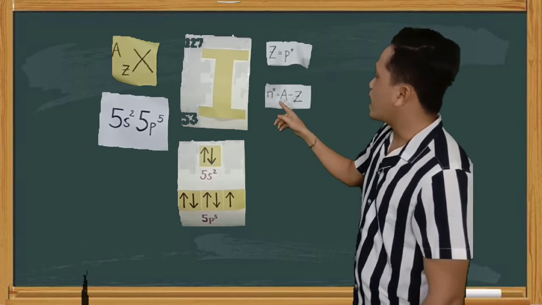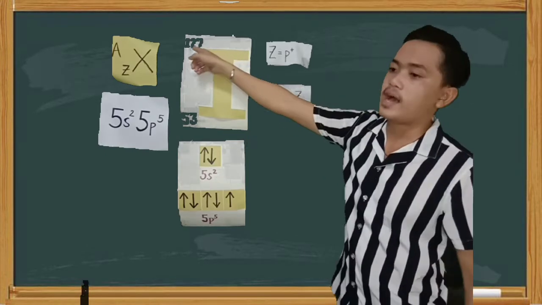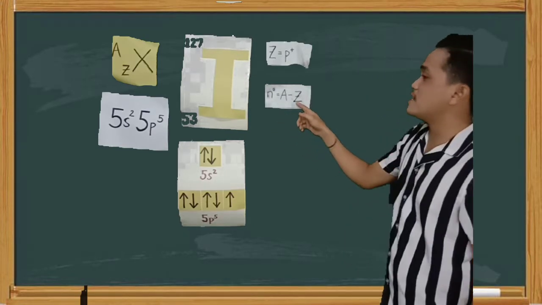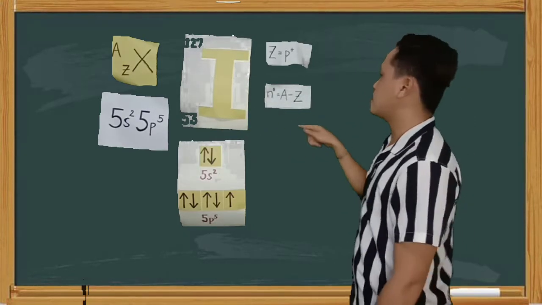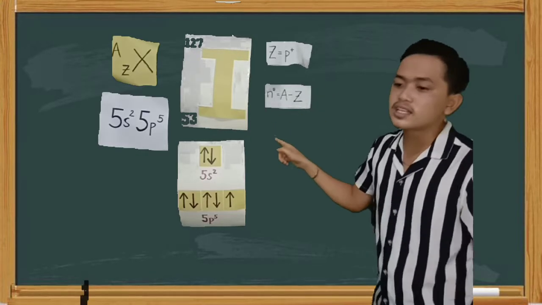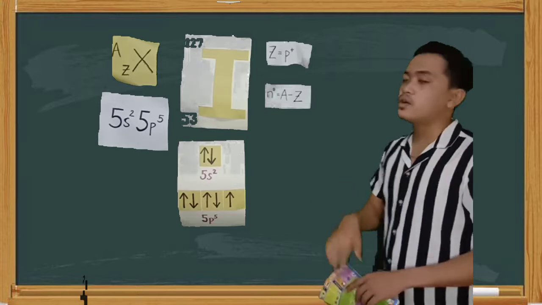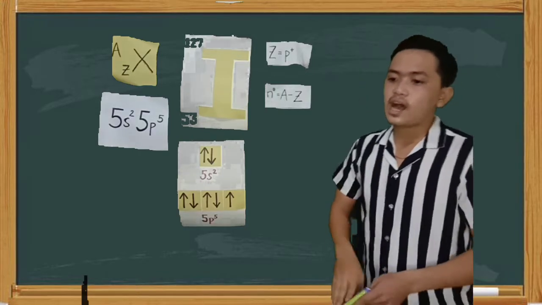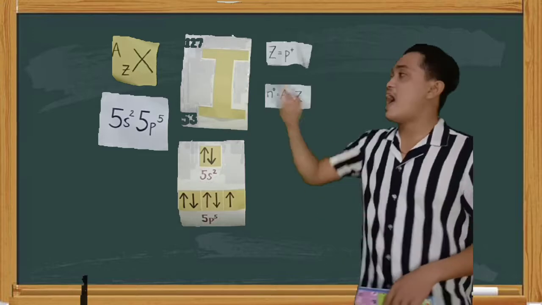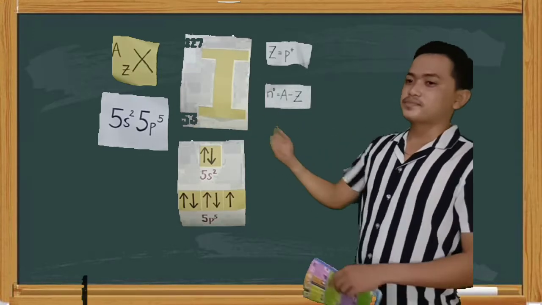N equals A, the atomic mass, 127, minus Z, the atomic number, 53. So 127 minus 53 equals 74. So we have 74 neutrons of element iodine.